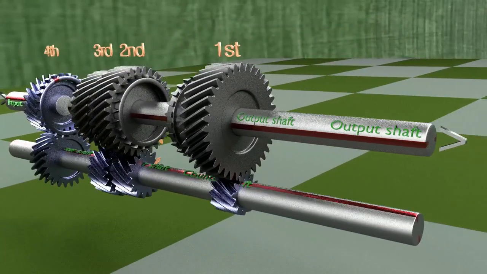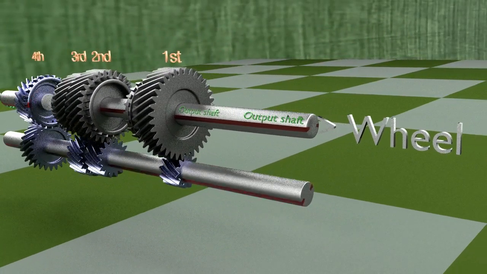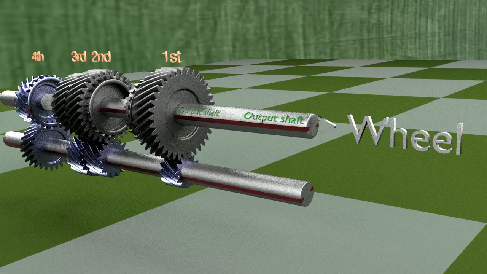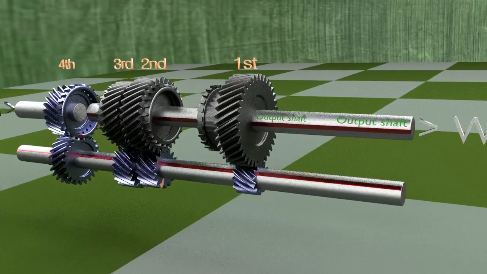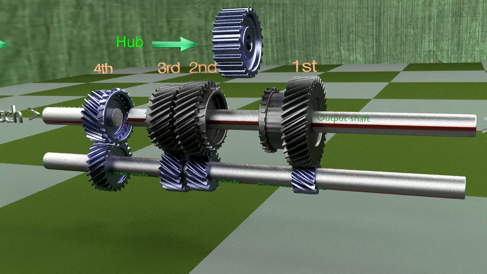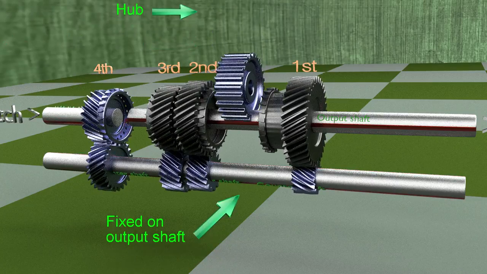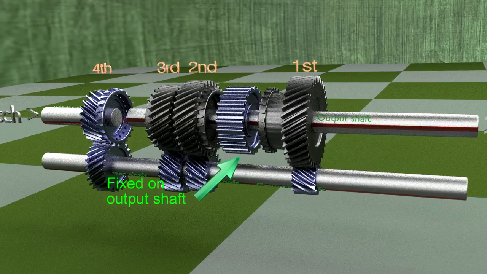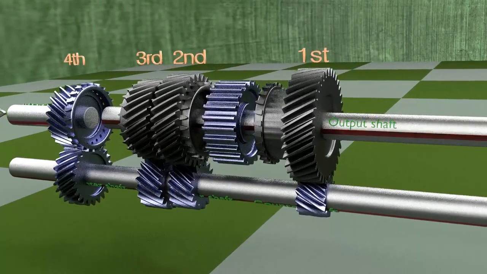On the other hand, the output shaft is connected to the wheel and hence rotates at a speed related to the wheels. For transmitting power to the output shaft, one of the freely rotating gears needs to be locked to the output shaft. To do so, a hub is fixed to the output shaft. Thus, the hub rotates with the output shaft.